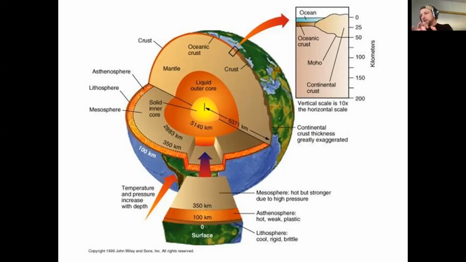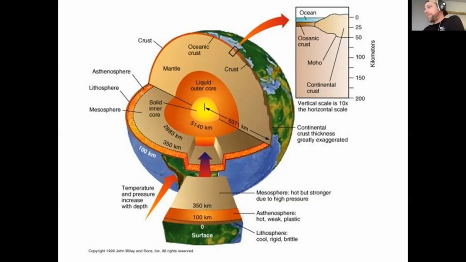So this churning molten metal core is what creates our magnetic field. And without that, we wouldn't be able to resist the extreme conditions of space. Our planet would be bombarded with cosmic rays and we wouldn't really be able to survive. It's our molten core that creates this magnetic field that protects us from a lot of this cosmic radiation that would harm us.